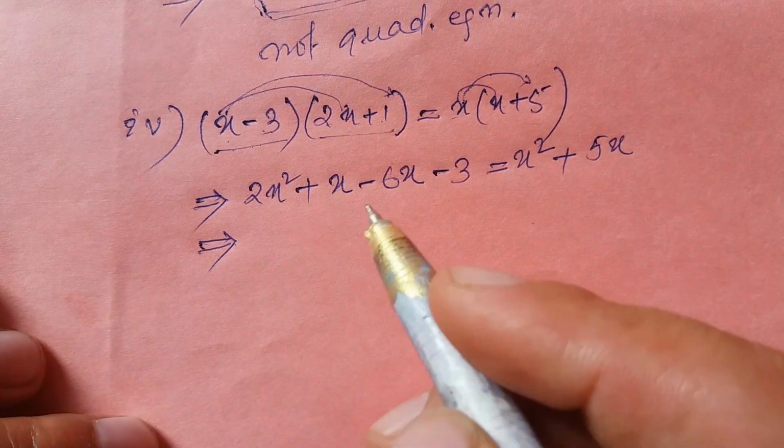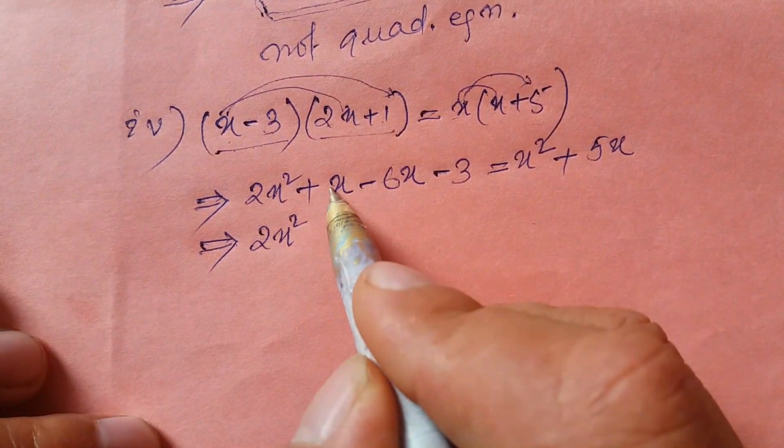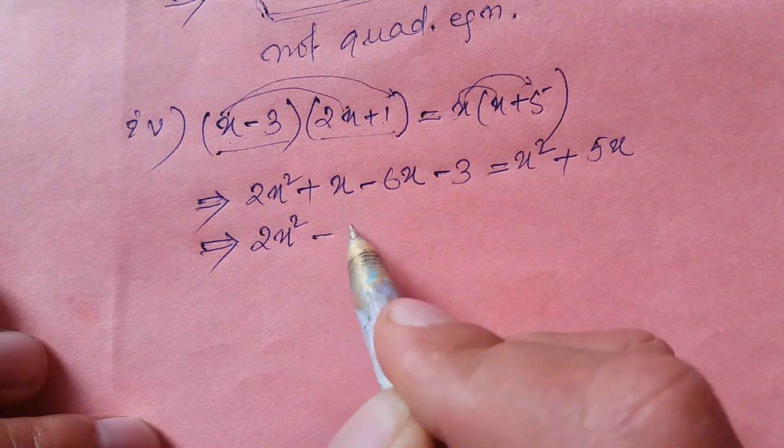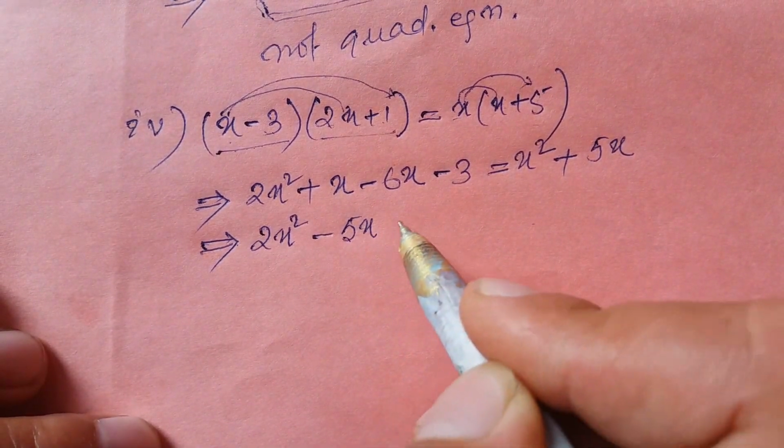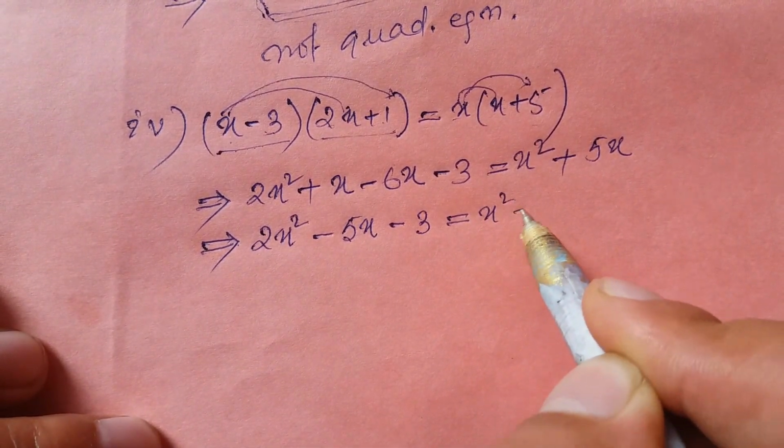Now here we get 2x square. Now 1x minus 6x is minus 5x, minus 3, and here we have x square plus 5x.